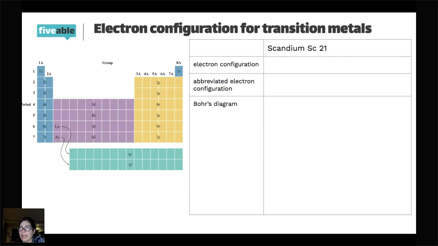You did the abbreviated electron configuration, which is correct. The abbreviated form is when we place brackets with the noble gas before that element, and then the configuration that follows.